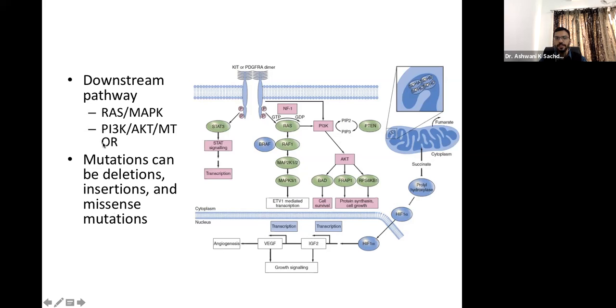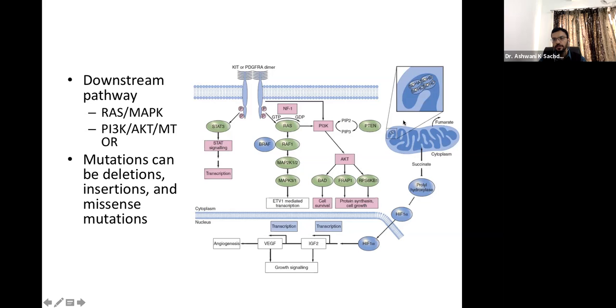For SDH related tumors, it is the succinate dehydrogenase, found in the mitochondria. It has four subunits: SDH A, B, C, and D, and mutation occurs in one of the subunits. Normally it is involved in dehydrogenation of succinate, and in the downstream pathway it is involved in hypoxia induced factor 1 alpha.